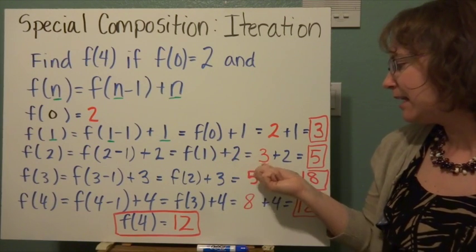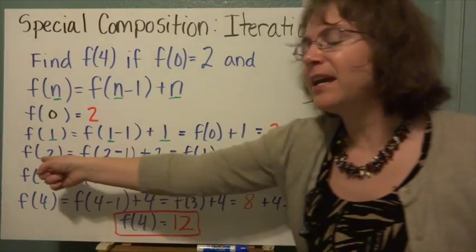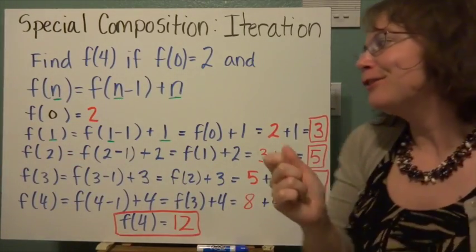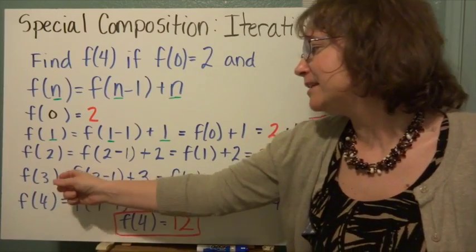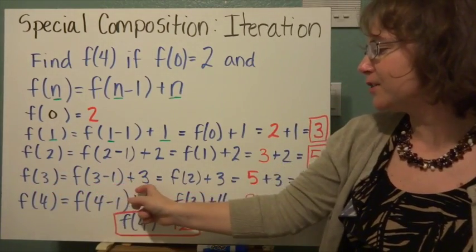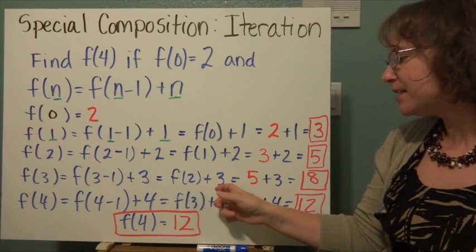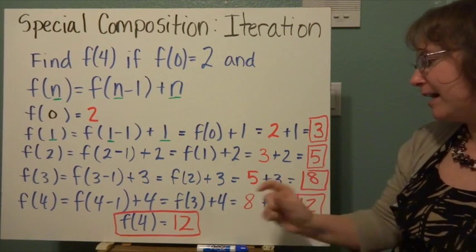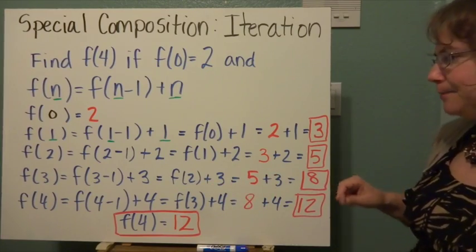So 3 plus 2 is equal to 5. So my f of 2 is 5. Of course, I'm going to use that f of 2 to find my f of 3. F of 3 is equal to f of 3 minus 1 plus 3. F of 3 minus 1 is the same thing as f of 2 plus 3. F of 2, remember, was 5, so we substitute that value back in. Plus 3 is equal to 8.